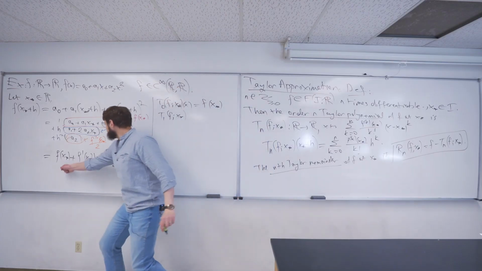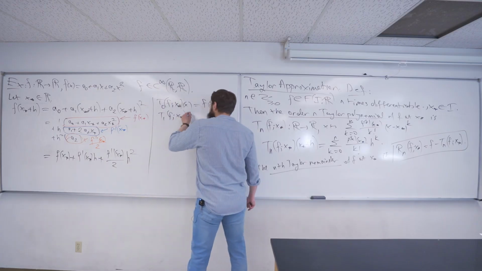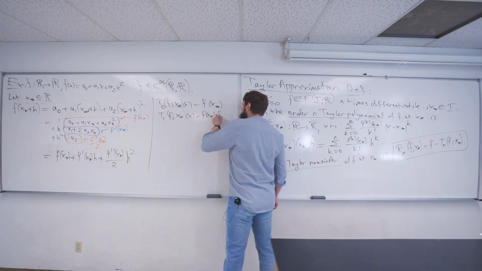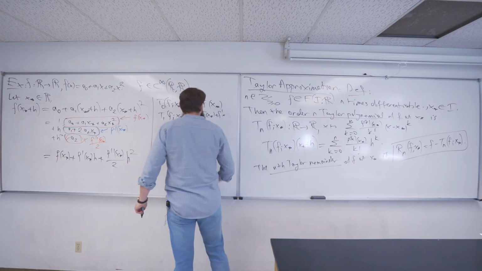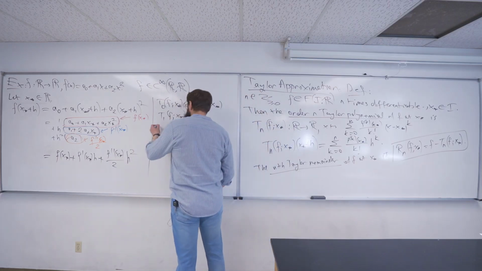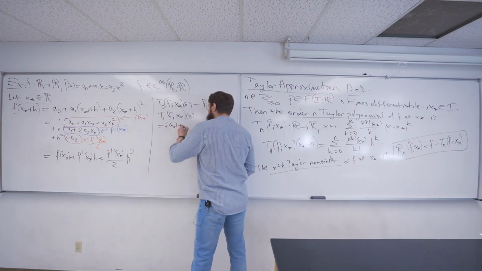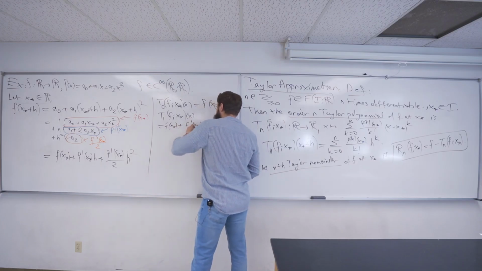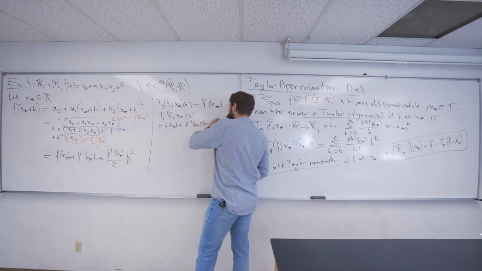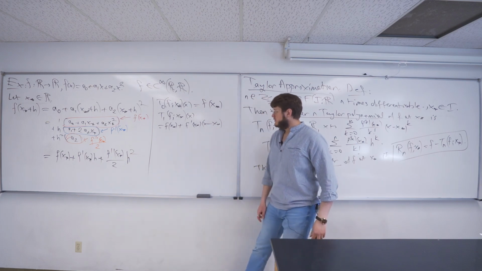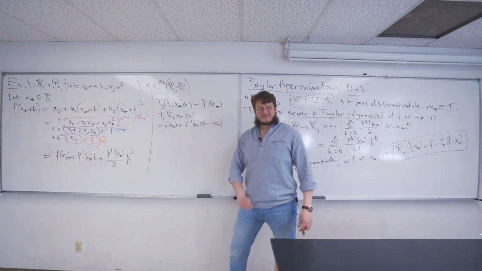Well, it's the sum of the first two terms. Write it like this: the 0th order term plus f prime at x star times x minus x star. Instead of h, right, h is the difference. This is a polynomial in x.